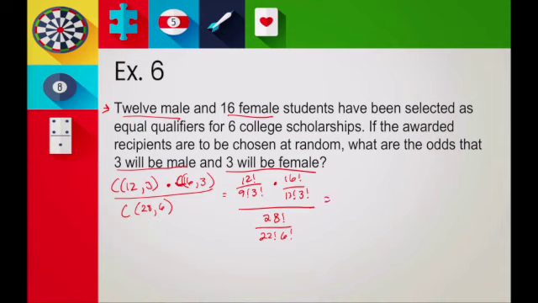And we can keep, change, flip this, and see what we can cancel here. The 12 factorial over 9 factorial is 12 times 11 times 10.